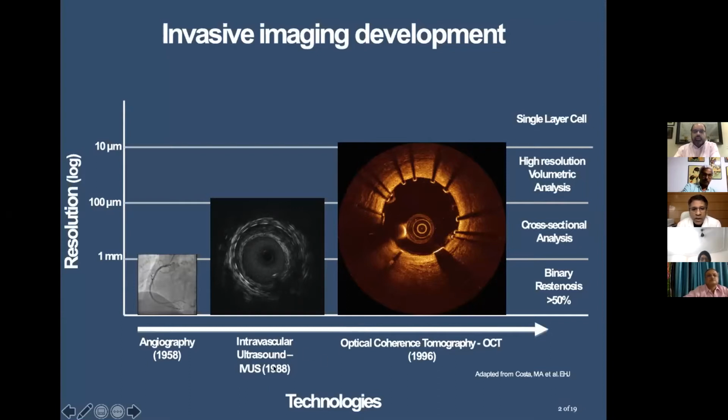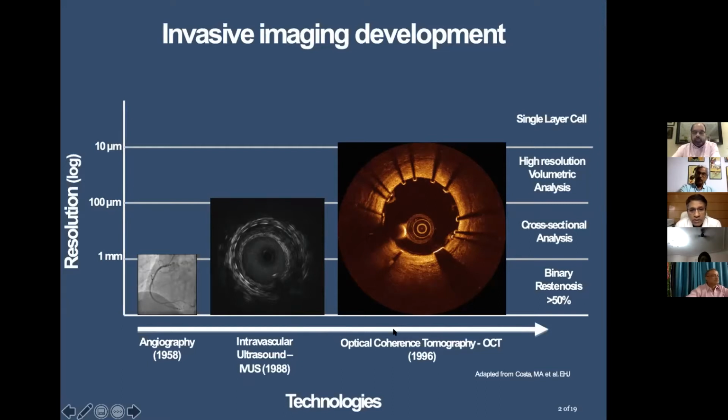This ultrasound uses sound technology, and the resolution of intravascular ultrasound was 100 microns. The arrival of intravascular ultrasound has revolutionized the coronary stenting procedure, especially left main intervention, stent thrombosis patients, and ISR patients, where the role of intravascular imaging is immense.